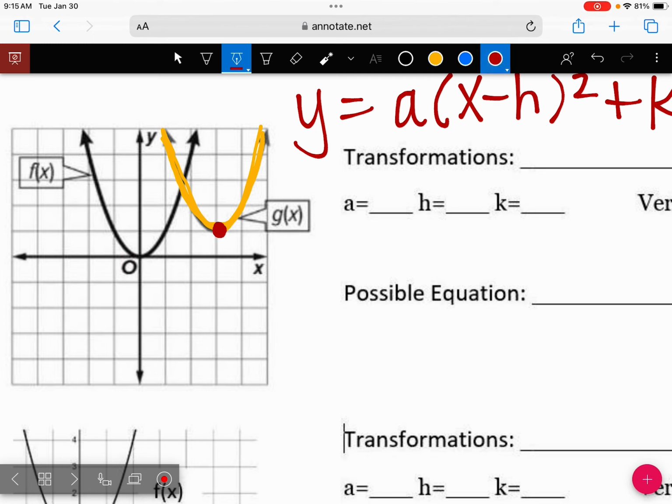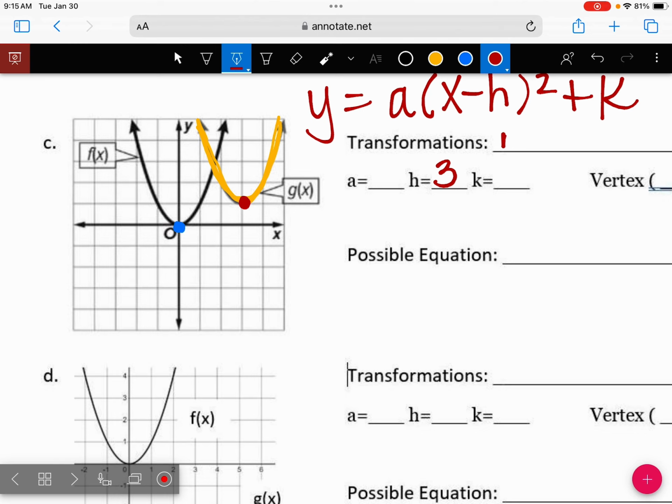This is the new vertex, and this is where I started. To get from here to here, the first thing it did was move to the right. How many to the right did it go? 3. So is that H or K? H. So H is +3 because it moved to the right 3. Go ahead and write that. It moved right 3.